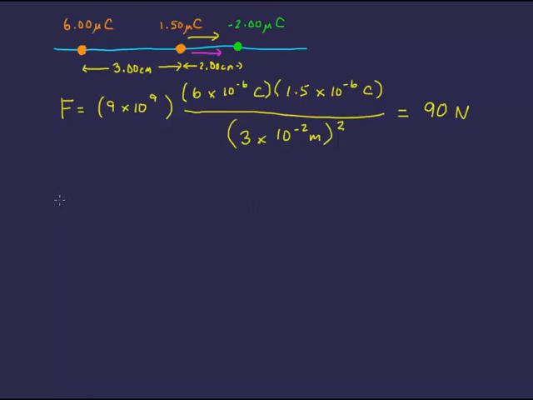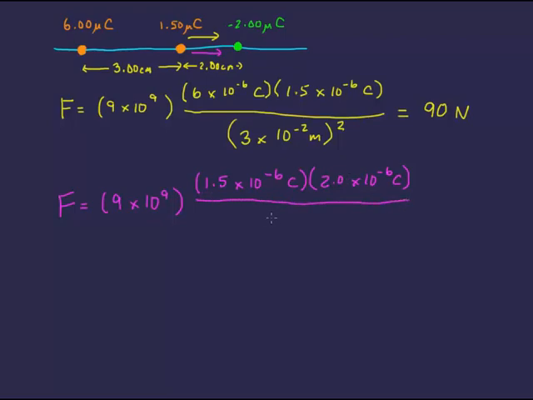Let's do the second one. We're going to have 9 times 10 to the 9. The 2 charges are 1.5 times 10 to the negative 6. It's the one in the middle. And the one on the right is 2 times 10 to the negative 6. And the negative does not matter.